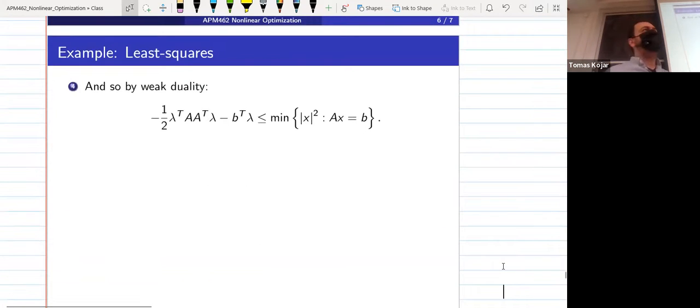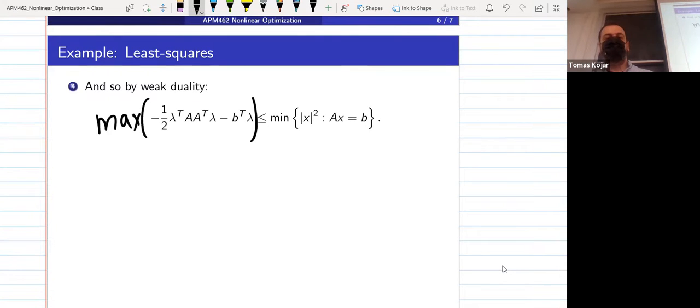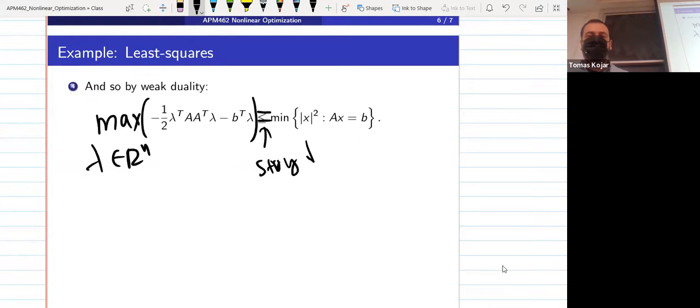By weak duality, you have this lower bound. The way you obtain it, we're not going to talk about, but it's a good heuristic. You take its maximum over all lambda. Once you take the maximum, in most cases this is attained, and it's called strong duality.